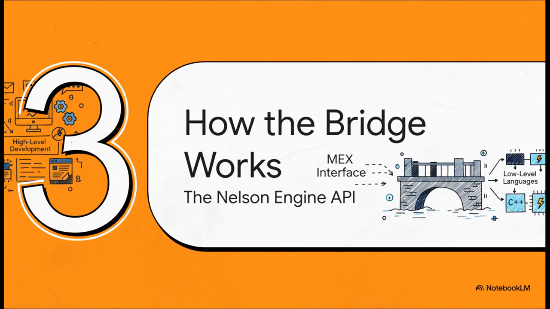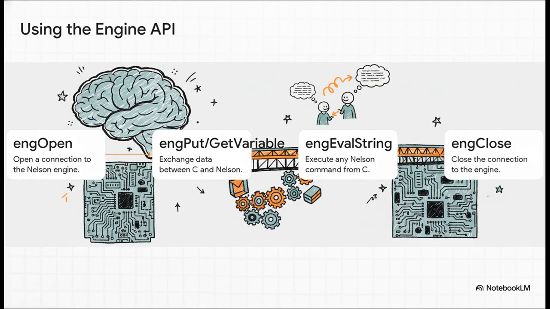All right, so how does this bridge actually work in practice? Let's get a little more technical for a sec. We'll look at it from the C side of things. Let's say you're building a C application and you want to borrow some of Nelson's brainpower. Honestly, Nelson makes this surprisingly easy with what's called its Engine API. It's basically a simple four-step process. Think of it like a little dance. Step 1, you use engOpen to open the gateway and start a conversation with the Nelson engine.